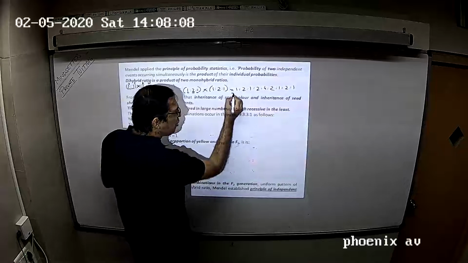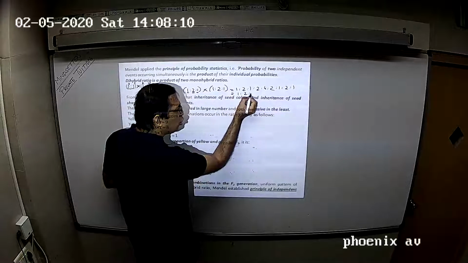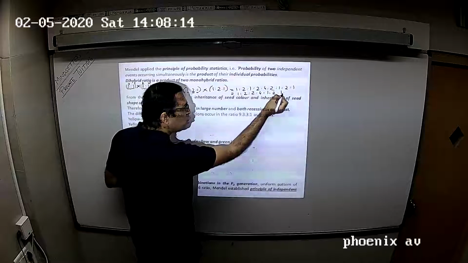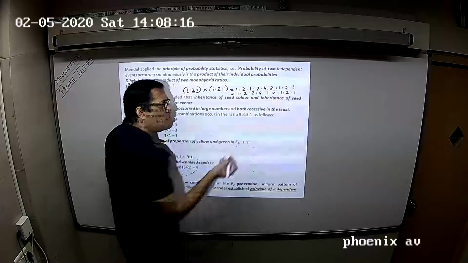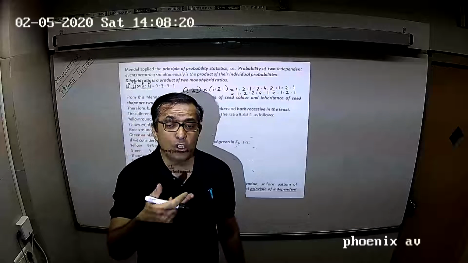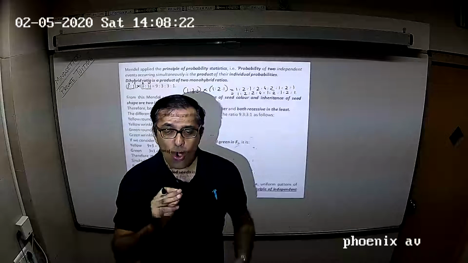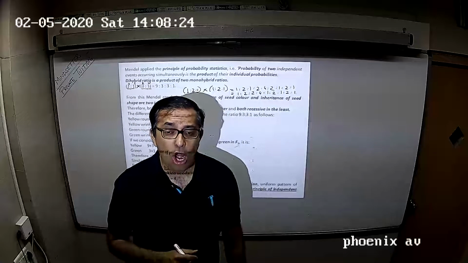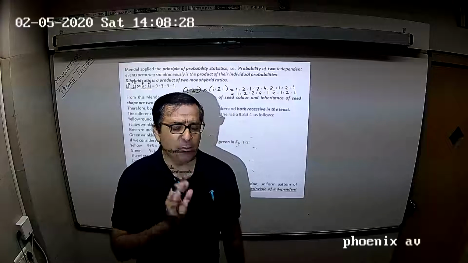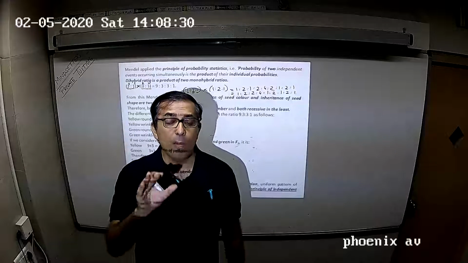So that is equivalent to 1:2:2:4:1:2:1, which is what we had said is Mendel's dihybrid genotypic ratio. So everything is based on probability statistics.